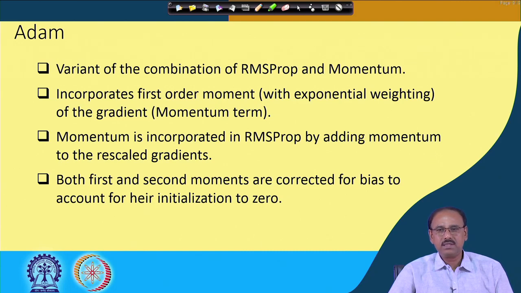0. So, what we said is that when you are taking exponentially decaying average, you are initializing the average value at 0 at t equal to 0, right.